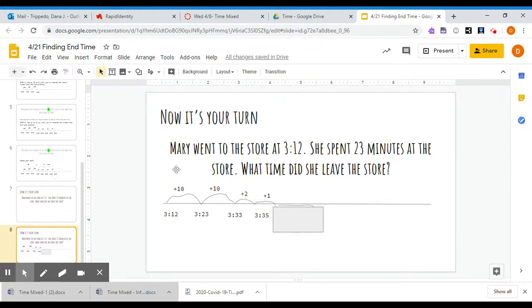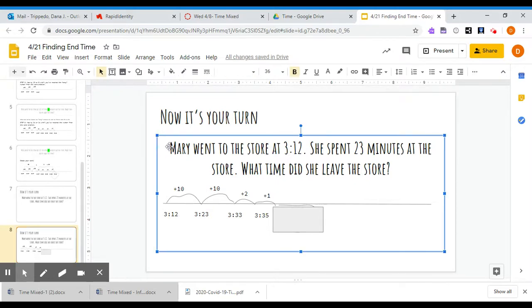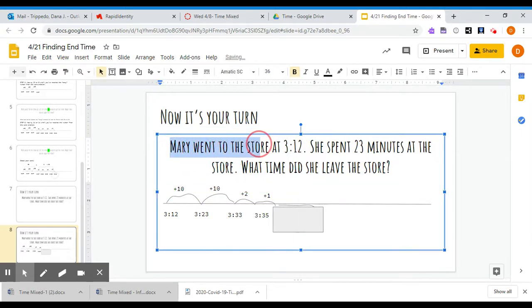All right. So as you can see here, I've created my open number line. You should have highlighted the information that they gave you.